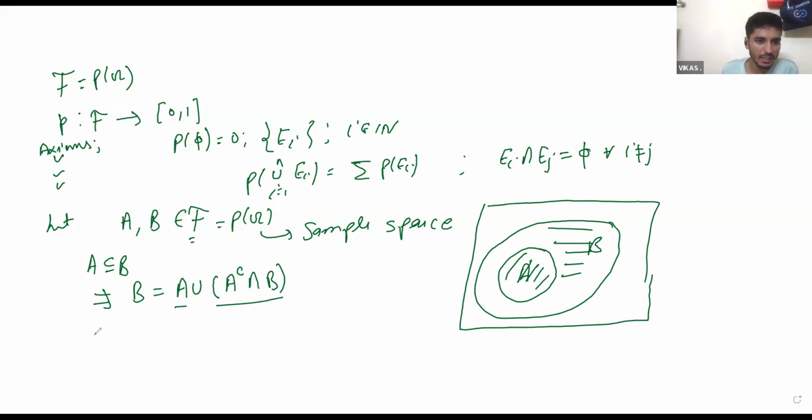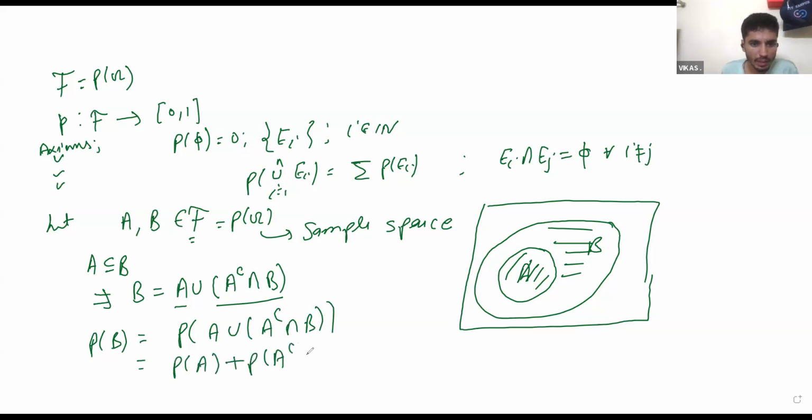Applying the probability law, probability of B is probability of A union (A complement intersection B), which I can write as probability of A plus probability of A complement intersection B. This is also an event.